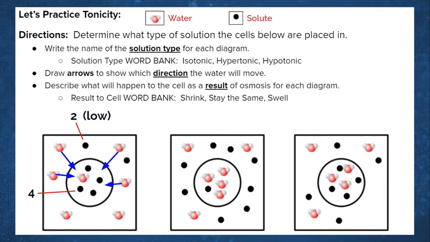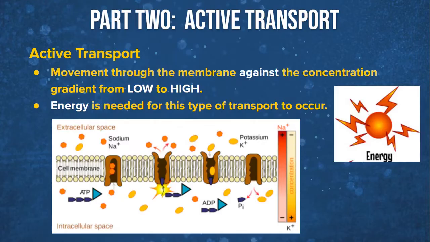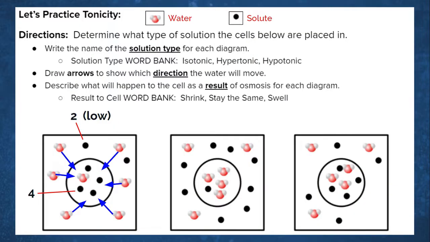So that means all of my water molecules are going to rush in. And if they all rush in, that means that this solution is going to be hypotonic and it's going to swell. So you're going to write that in your notes. Make sure you add that part to your notes.